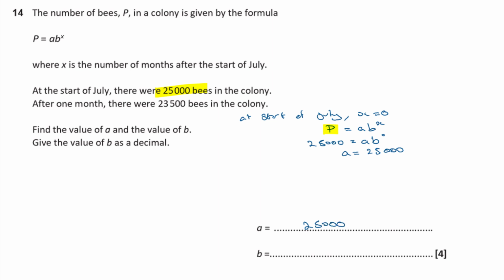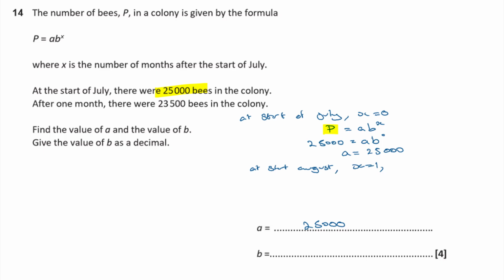Okay, so we've already got one of the values. So now we need to work out the other value, B. After 1 month there were 23,500 bees. So that's going to be at the start of August then, isn't it? At the start of August, which is 1 month later, x is going to be equal to 1.